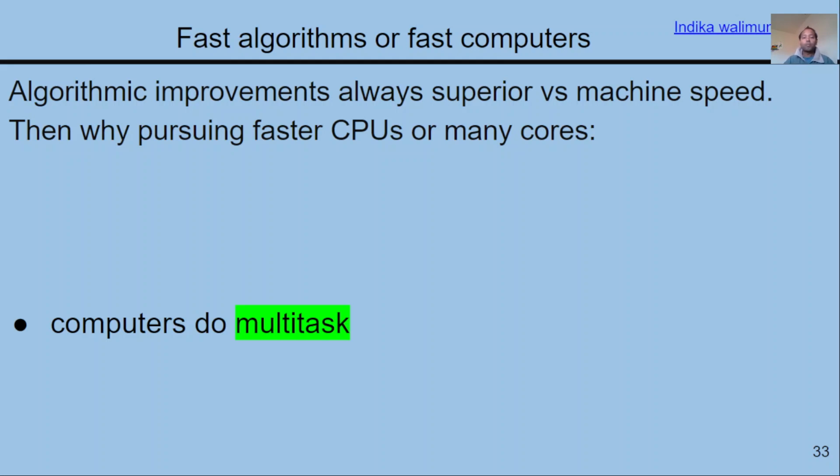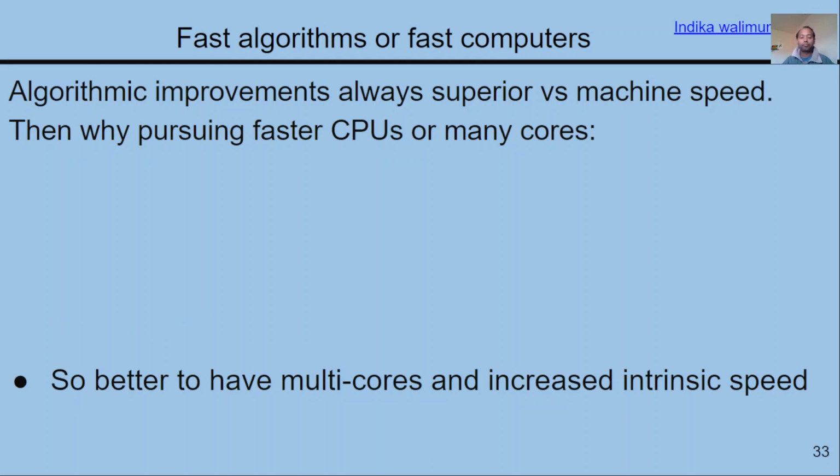So both programs run, right? In order to facilitate multitasking, it's good to have a faster CPU with many cores, so multi-core CPUs. So it's better to have multi-core or increased intrinsic speed CPUs.